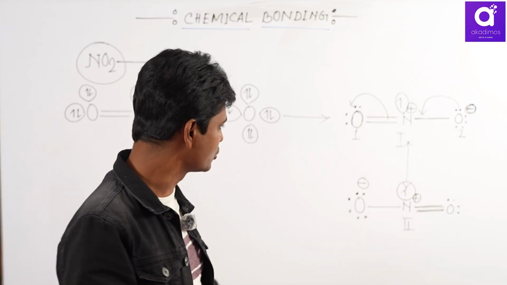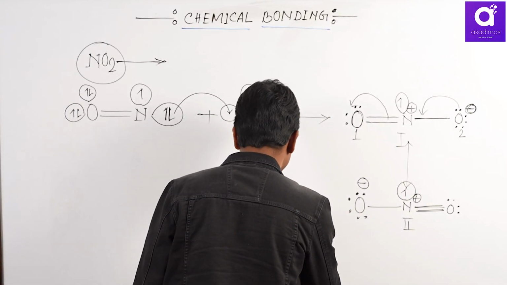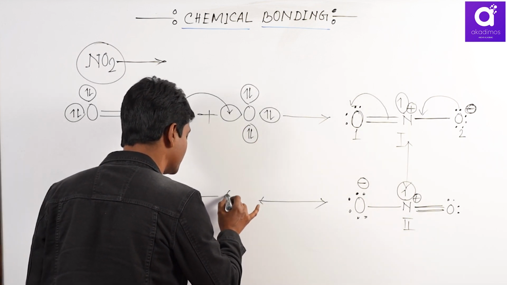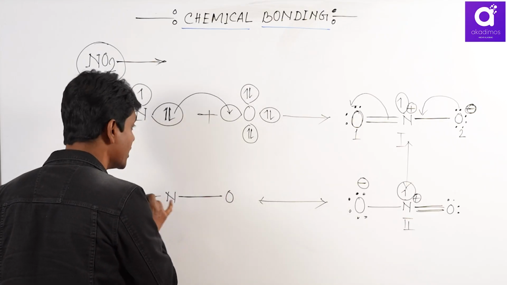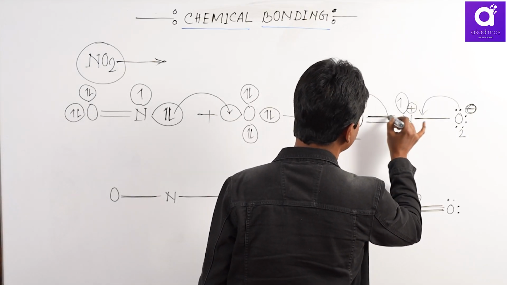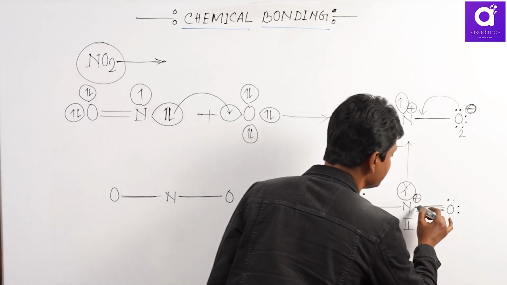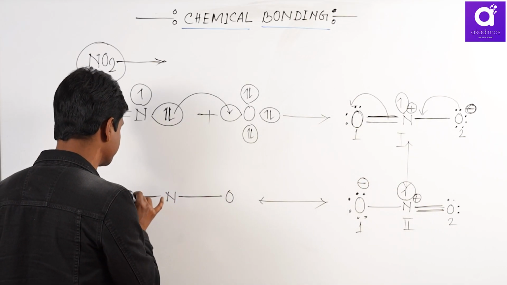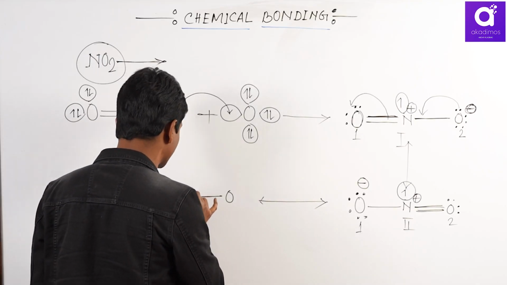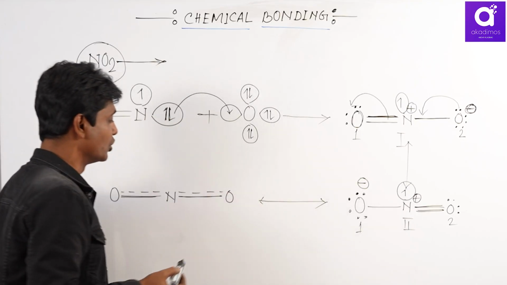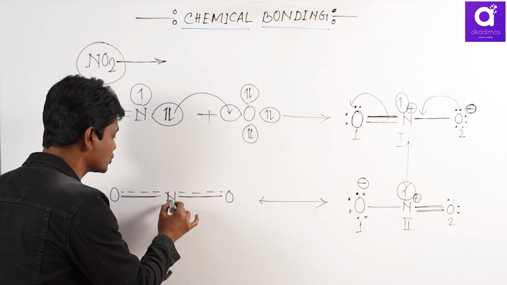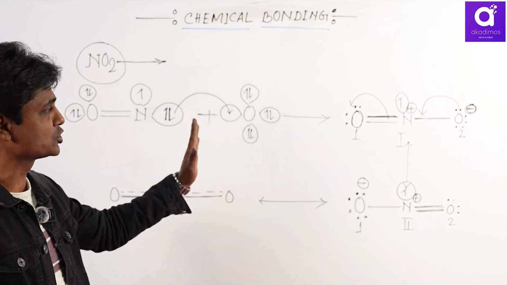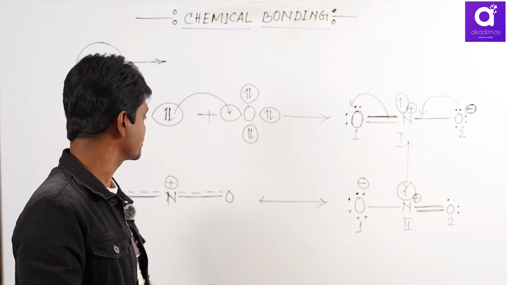That average you can draw this way: O single bond nitrogen, single bond O, where the sigma bonds are fixed, but the pi bond is 50% with oxygen 1 and 50% with oxygen 2. In both canonical forms, nitrogen is positively charged, and the minus charge is also equally distributed among the 2 oxygen atoms.